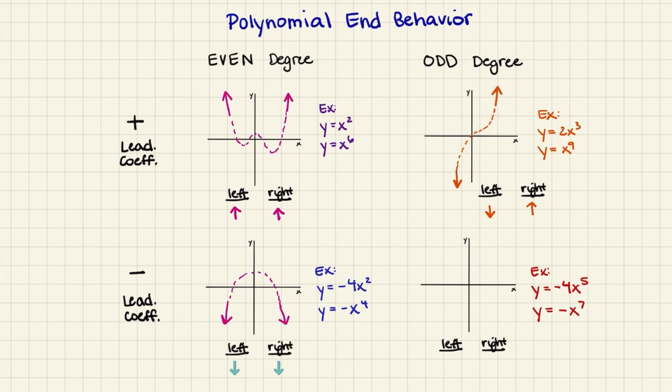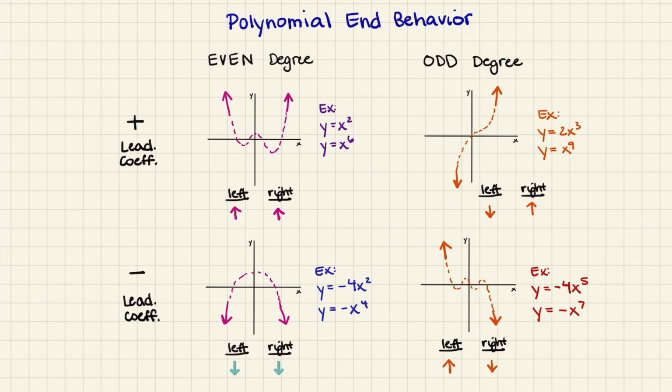So instead of going down on the left and up on the right, we're going to flip it like this, and it'll be up on the left and down on the right. And then the middle can have a whole bunch of squiggles, up and down.